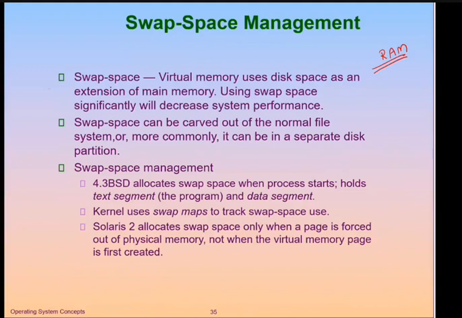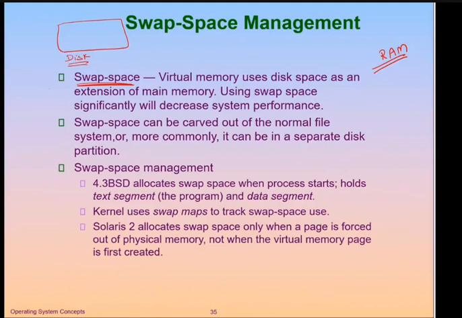Now, in order to give that feeling to the process, virtual memory uses disk space as an extension of RAM or main memory, right? And that particular space is called swap space. So swap space is a space in the hard disk which is used in virtual memory cases.